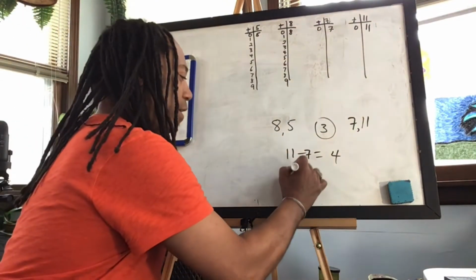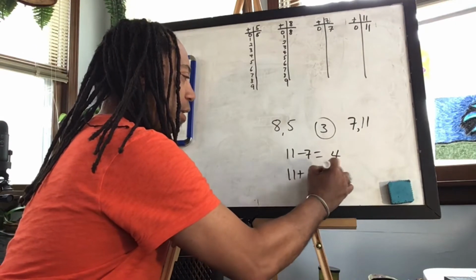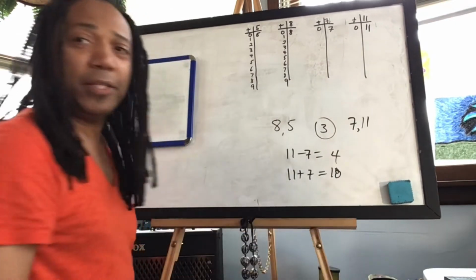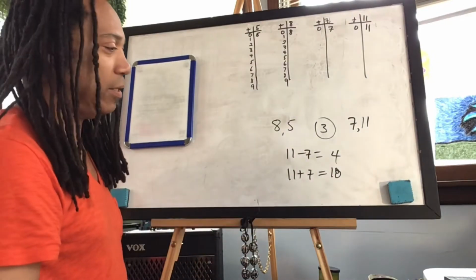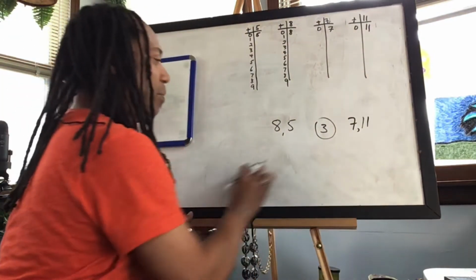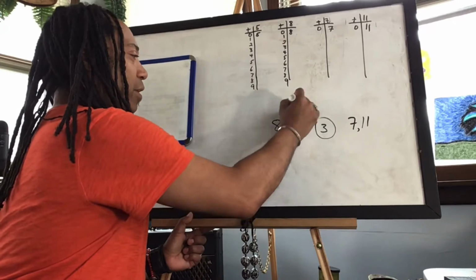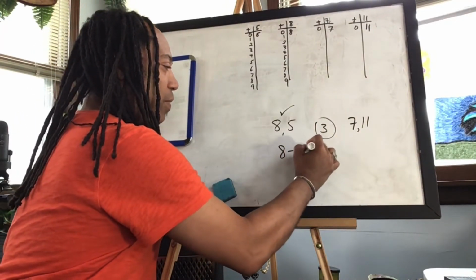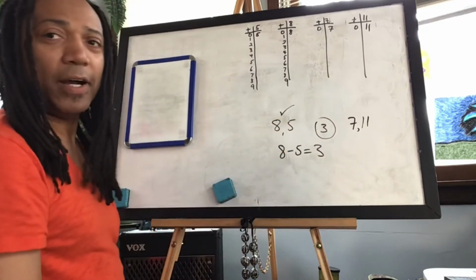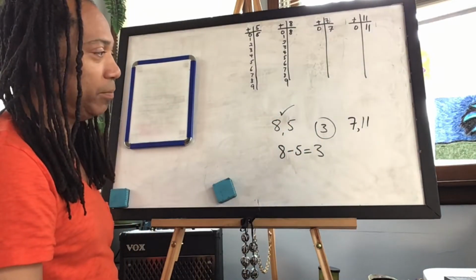If I add it, I end up with 18, and that's not my target number, 3. So I know that can't be. It's got to be this set right here. And it's got to be 8 take away 5. That's the one.